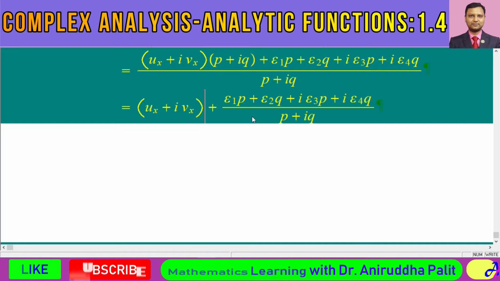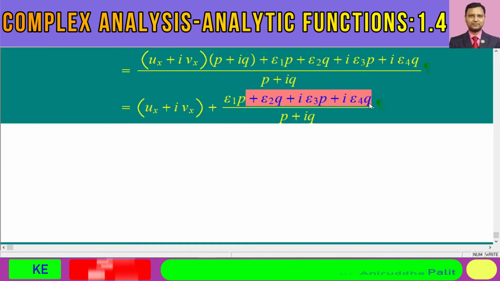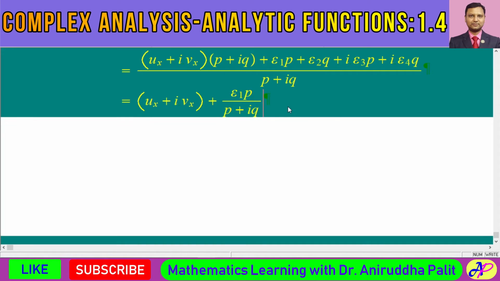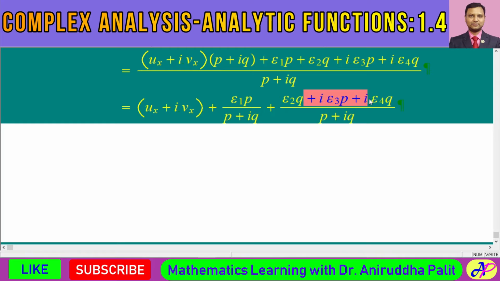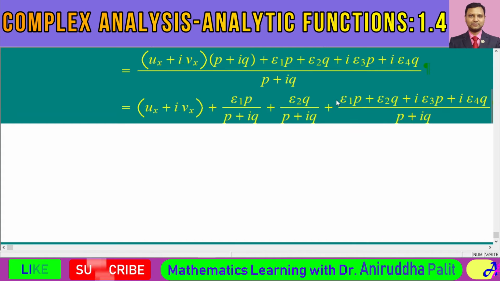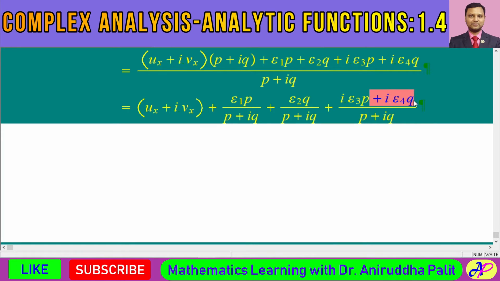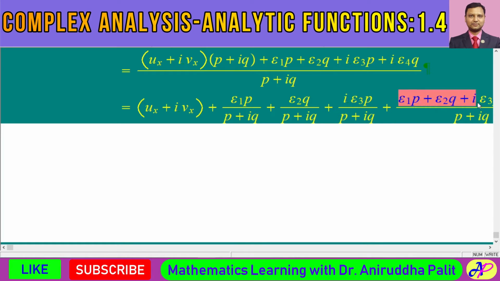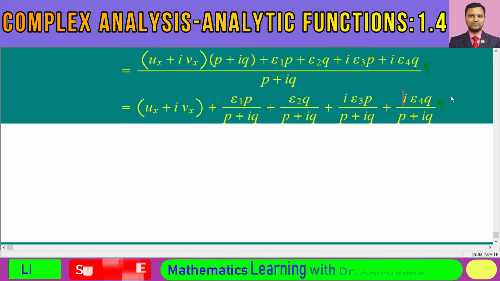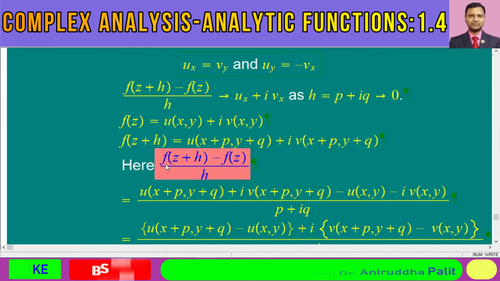Therefore, we shall have this type of expression, and these four terms can be further written in this way: this expression plus epsilon 2 into q divided by p plus iq, plus i into epsilon 3 into p divided by p plus iq, and the last expression is i into epsilon 4 into q divided by p plus iq.